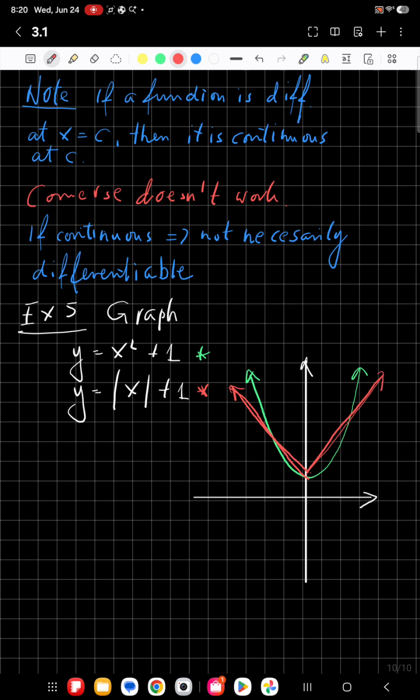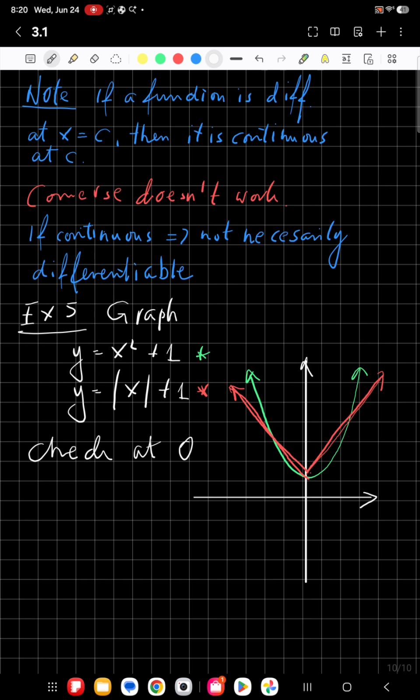So now, what we want to do is check if those functions are differentiable at, not at 1, at 0. So check at 0. Right?